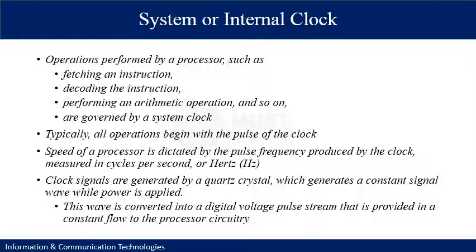Typically, all operations begin with the pulse of the clock, and the speed of the processor is dictated by the pulse frequency produced by the clock, measured in cycles per second or hertz. Clock signals are generated by a quartz crystal which generates a constant signal wave while power is applied. This wave is converted into a digital voltage pulse stream that is provided in a constant flow to the processor circuitry.